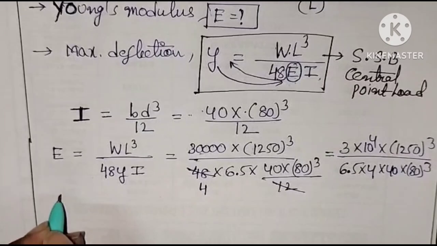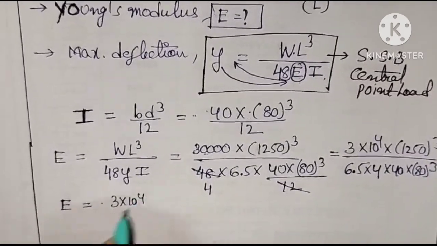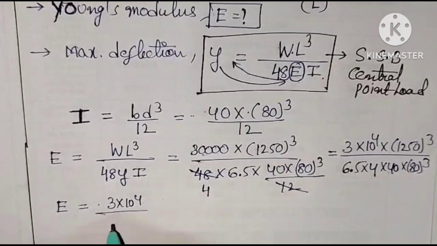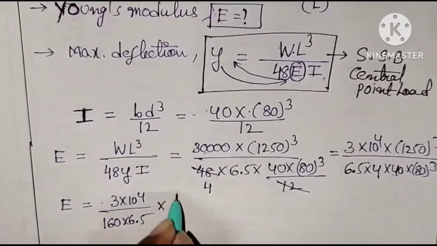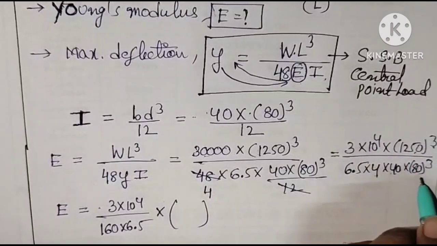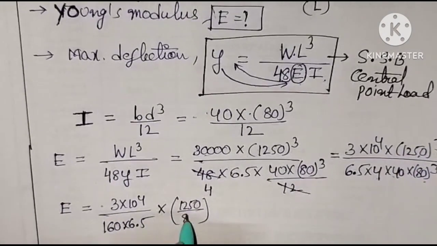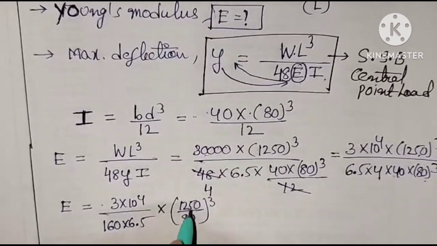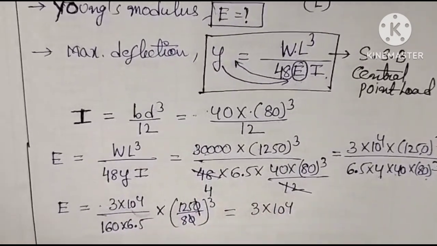To make the calculation easier, 3 into 10 power 4 by, 4 fours are 160, 160 into 6.5 into 1250 by 80 whole cube. The zeros cancel.